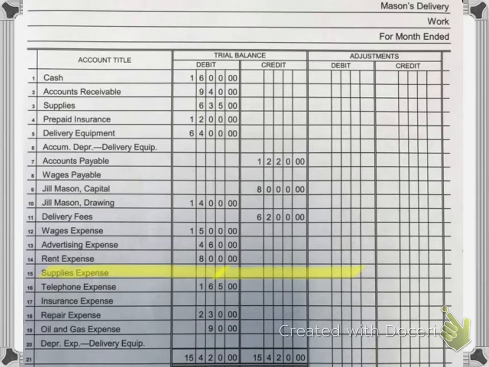And in the adjustments debit column, you are going to record your debit. So we will indicate that this is adjustment A, and it is a debit of $545.